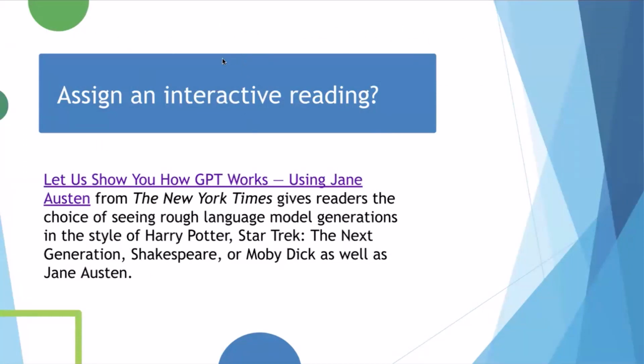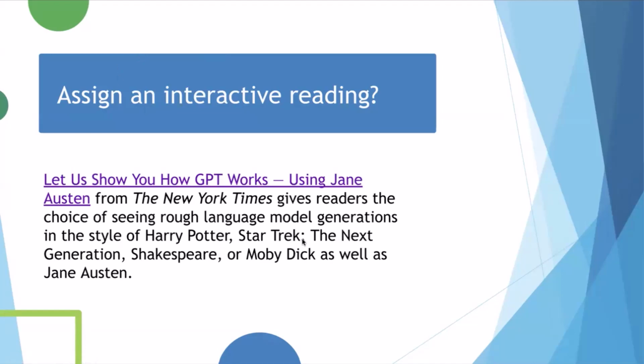So this is a favorite New York Times article that's interactive that I also have shared with students. The way it works is you can pick which genre you want, because they've trained some little baby AI language models to generate in the style of Harry Potter or Star Trek or Shakespeare or Moby Dick or Jane Austen.